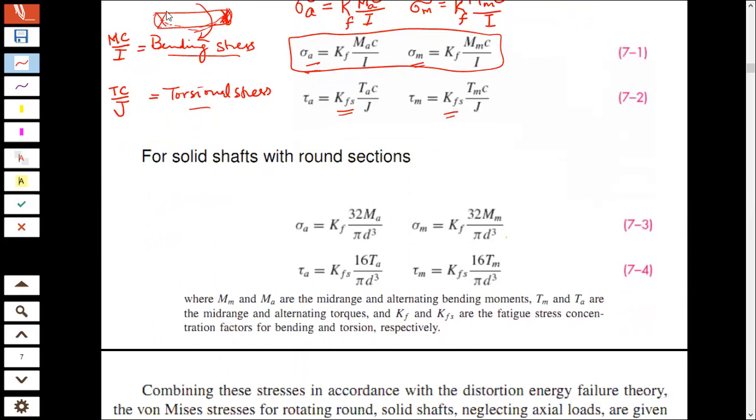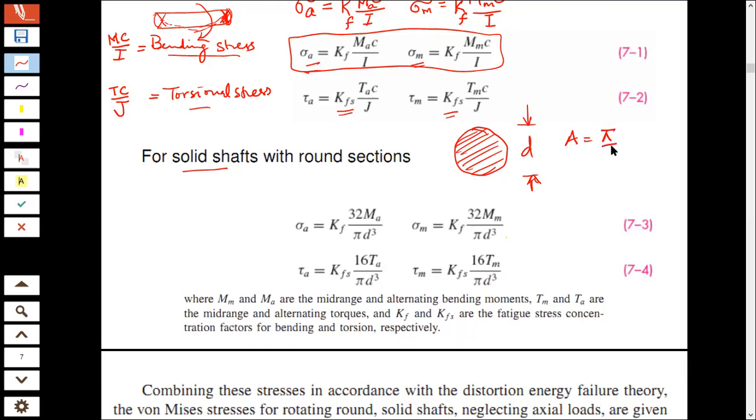Let's consider that we have a solid round shaft. So this is going to be the cross-sectional area of the shaft, and let's say that the diameter of this is d, small d. Okay. Now, can I write the area for this shaft?